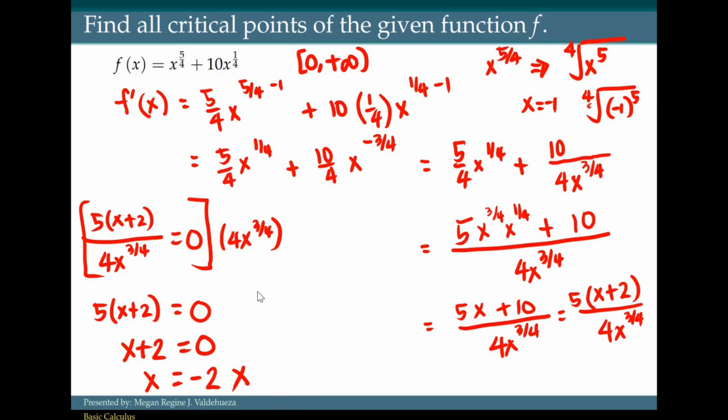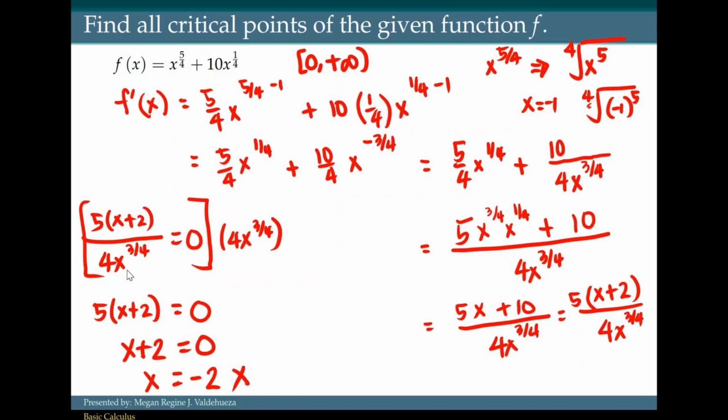So, another way. Since we don't have a critical point when we equate the derivative of the function to 0, then another way of finding a critical point is to determine a value of x that can make our first derivative undefined.